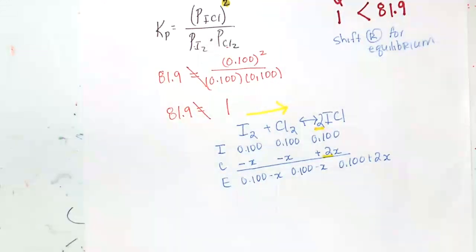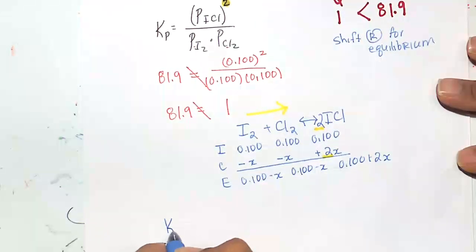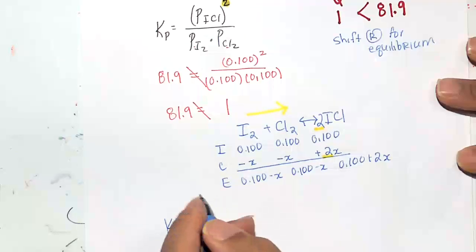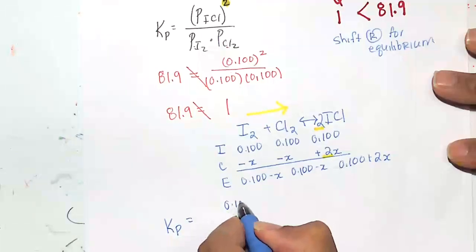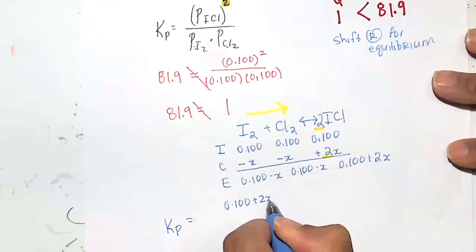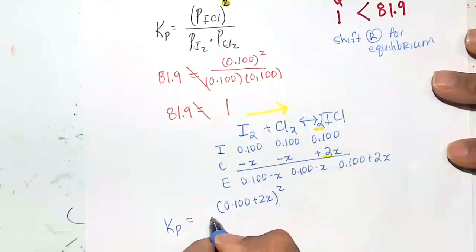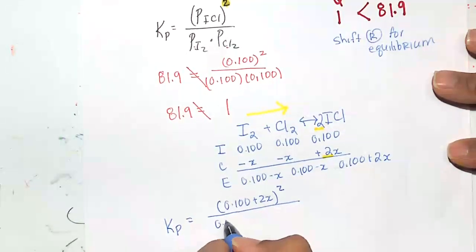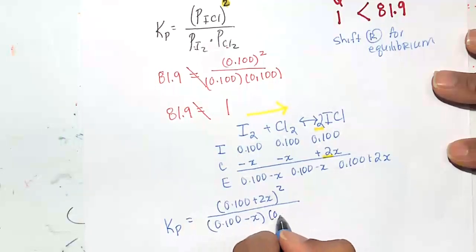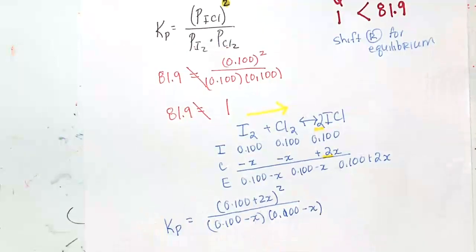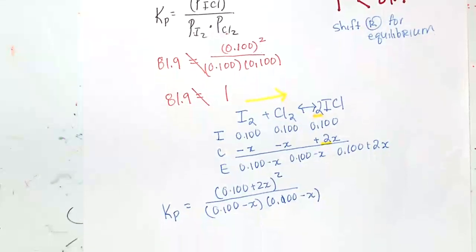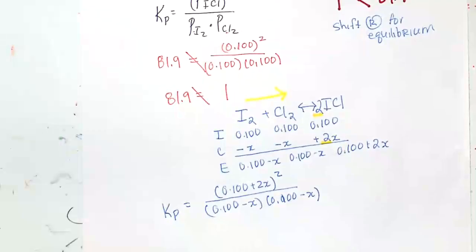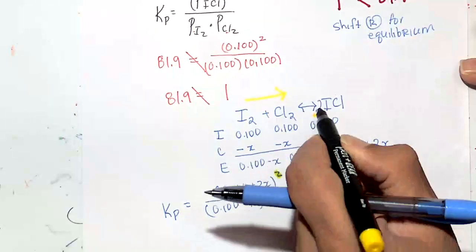Let's plug that into our Kp. So Kp is products over reactants, and again, the square coming from here.